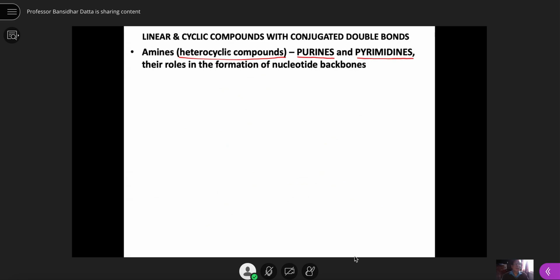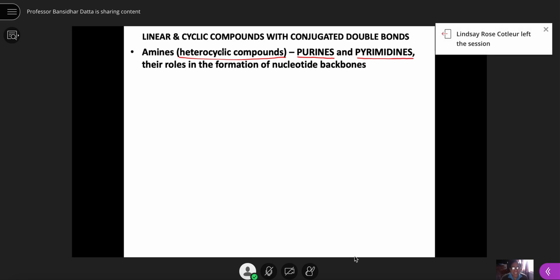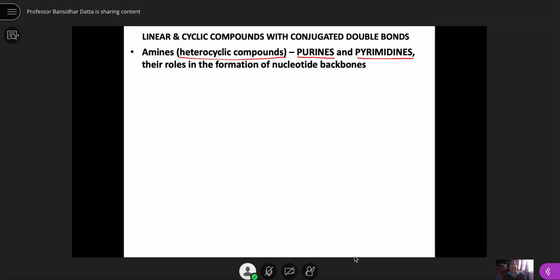So anyway, heterocyclic compounds. Remember that we talked about cyclic compounds, right? Among the cyclic compounds, cyclohexane is the most stable compared to cyclopentane, cyclobutane, and cyclopropane.